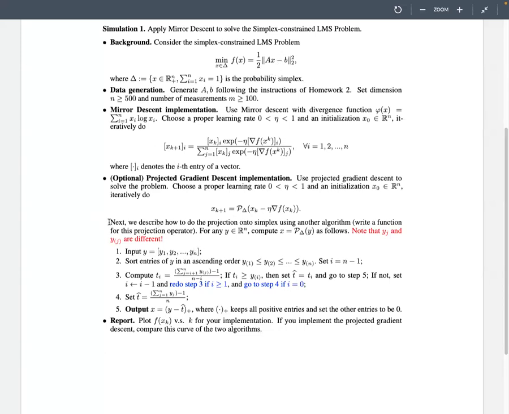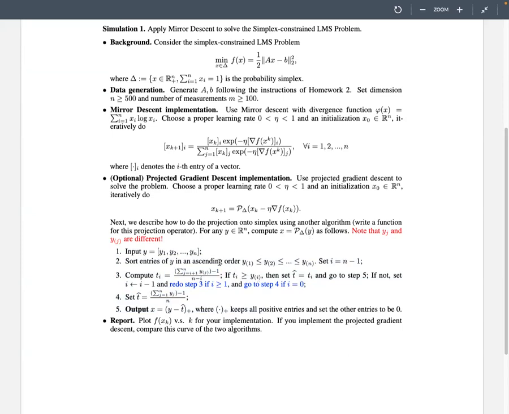The next part talks about how, once you have a vector, you project it onto the simplex set. This is an algorithm to do that projection. This algorithm describes how you project a point Y onto the simplex set in the high dimensional space.